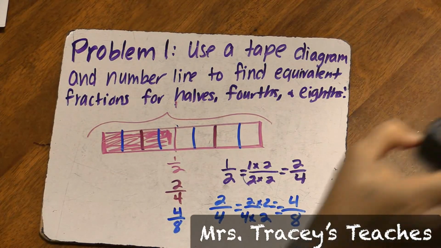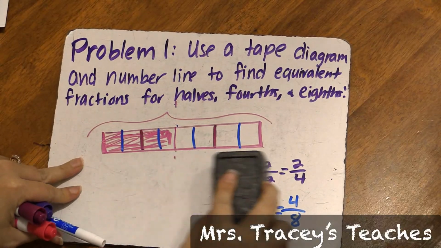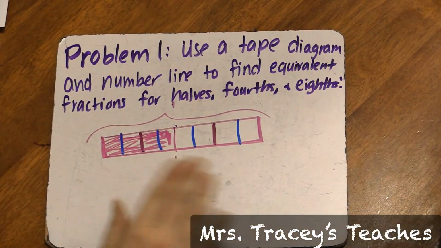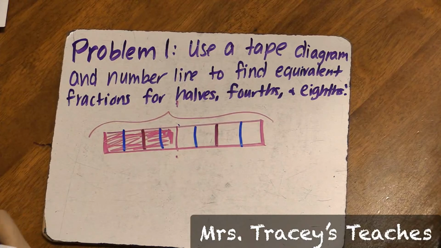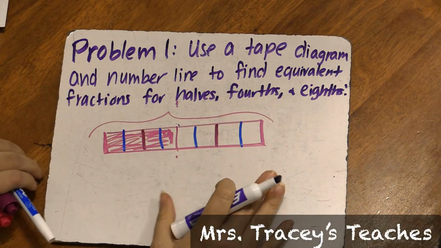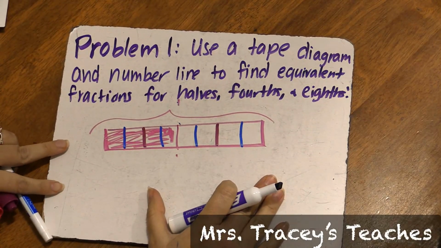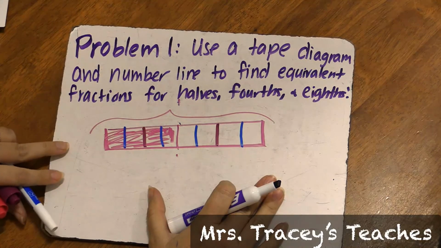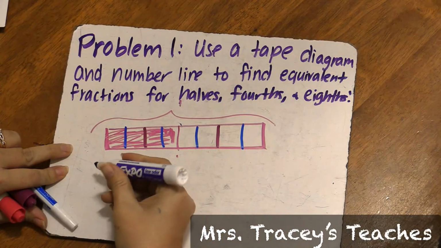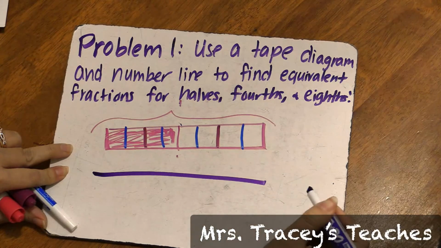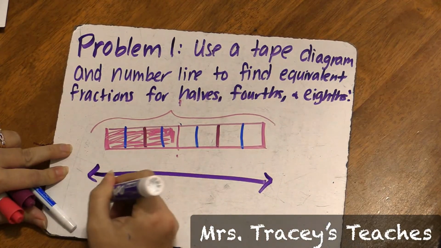Now we're going to draw a number line to show how it's equal to the tape diagram. If you have a ruler, you can draw a line with a ruler, or you can use a straight edge, or you can just go like that.